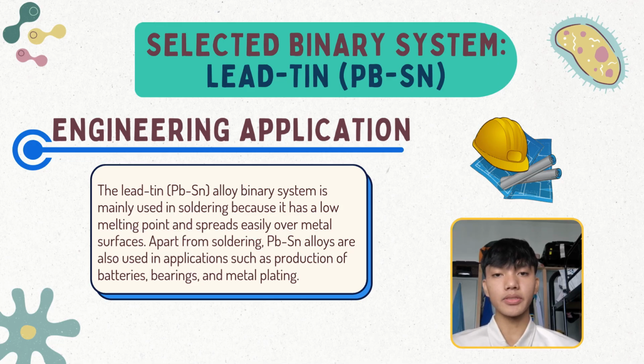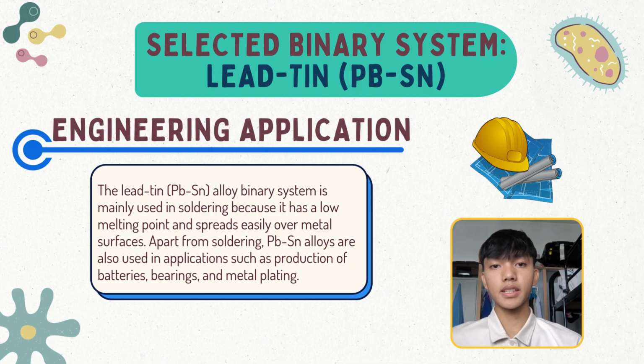Besides that, its phase diagram is easy to understand and interpret. Furthermore, it is heavily used in soldering, bearings, battery grids, and coatings. By studying the Pb-Sn phase diagram, engineers can relate composition, temperature, and phases to real engineering applications and performance.